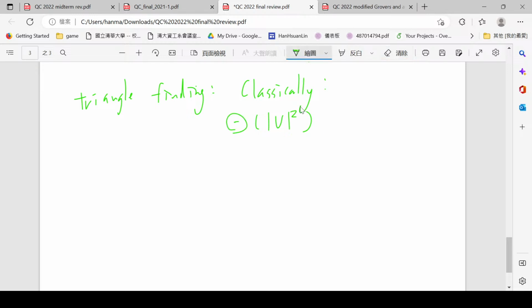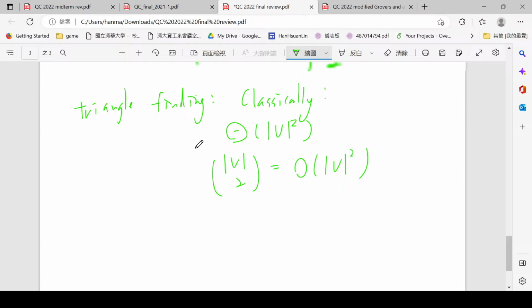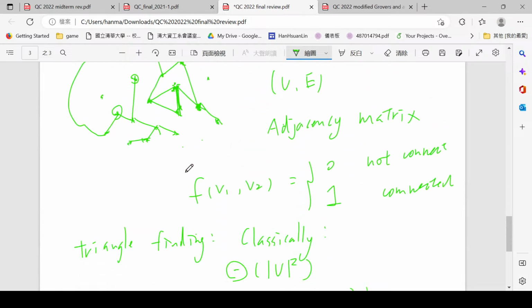The number of vertices is v, then the number of edges is at most v choose 2, and that's order v squared. So classically you basically need to query every edge to check whether there is a triangle.